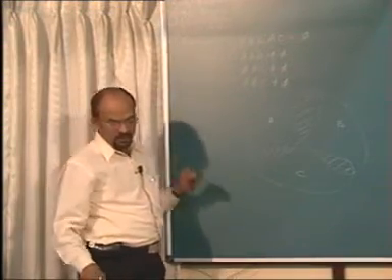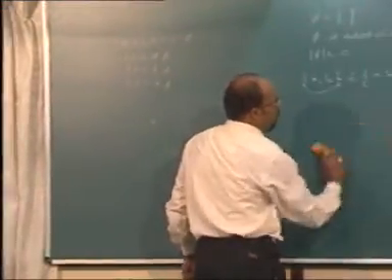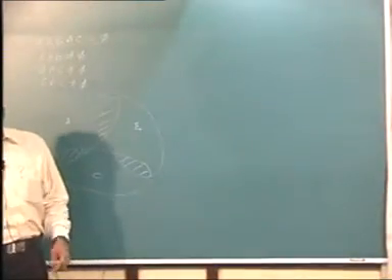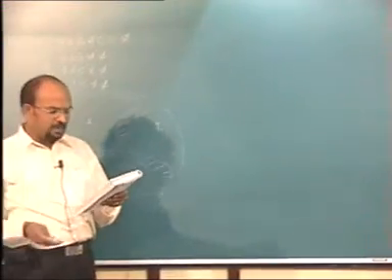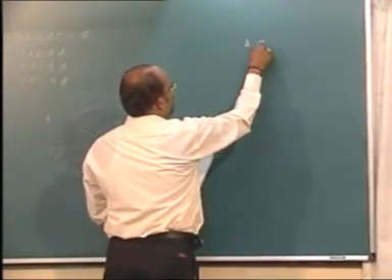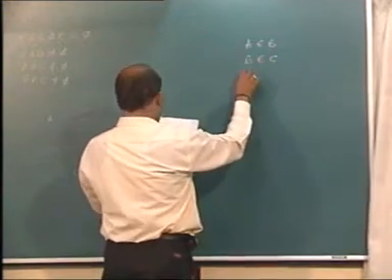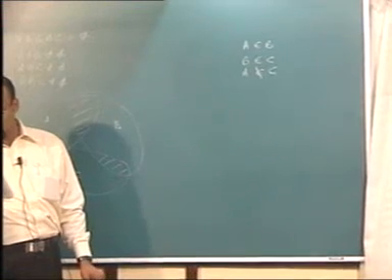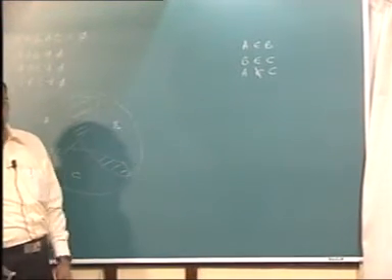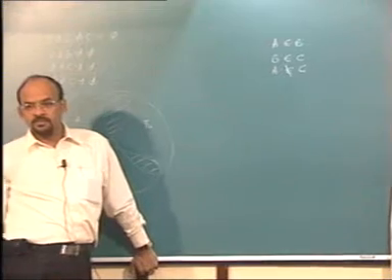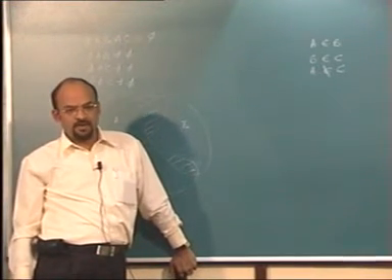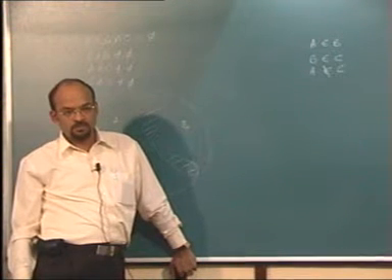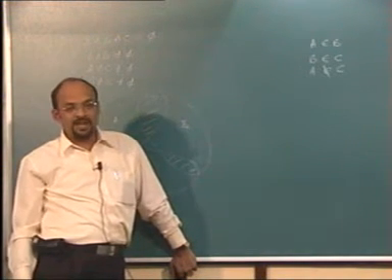Next, 1.4. Give examples of sets A, B, C such that A belongs to B, B belongs to C, but A does not belong to C. That means B will contain set A as an element.